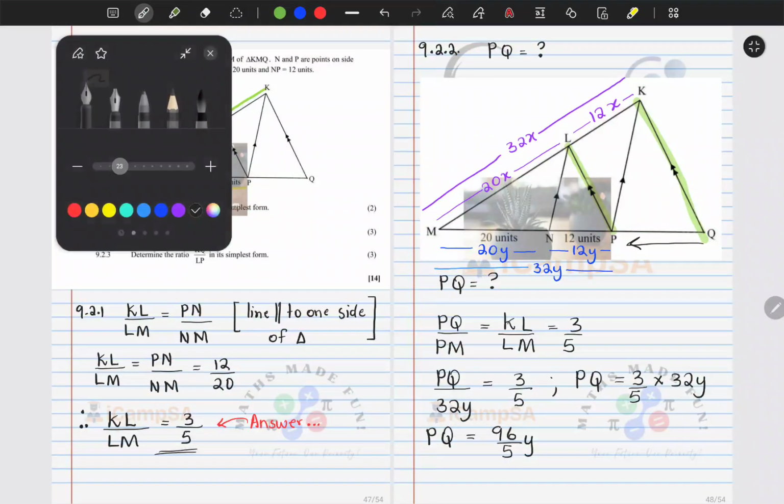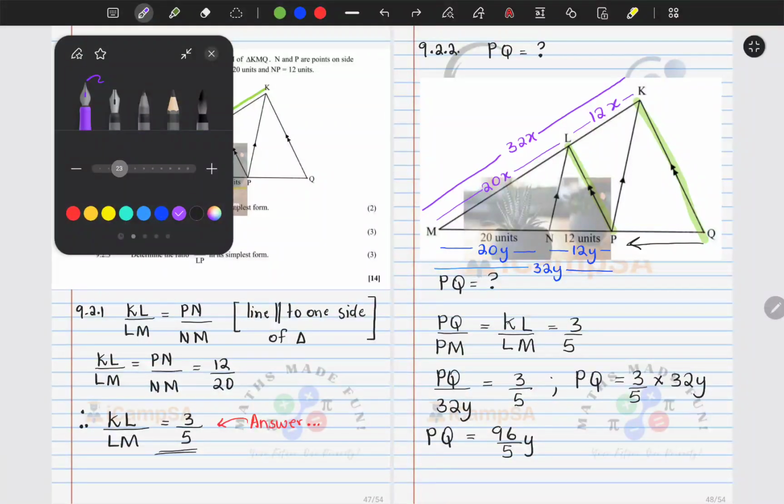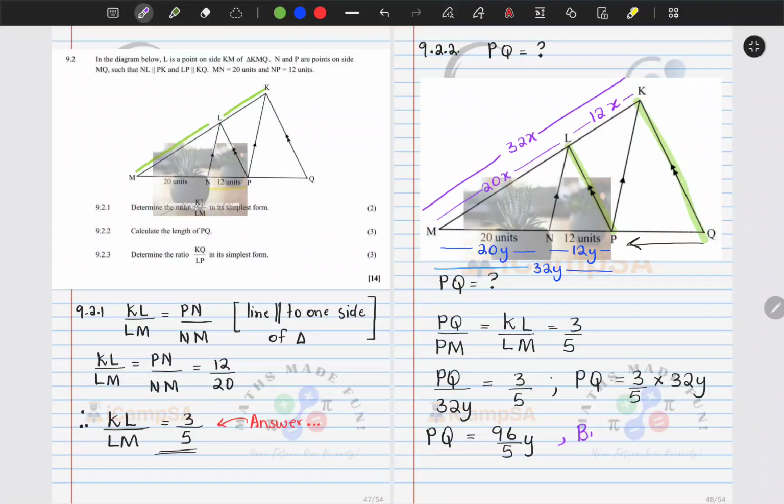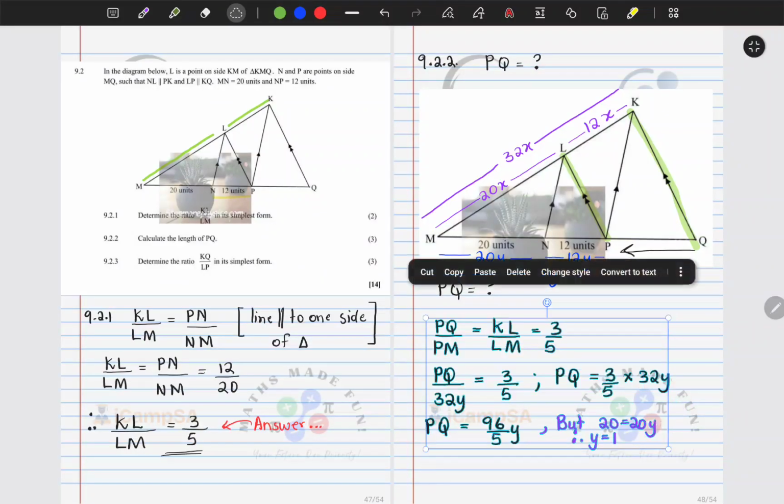Okay, but if you look at our y, according to the scale here, our y is 1. So if you just equate one of these, you will see that 20 equals 20y, which therefore means that y is 1. So if y is 1, then this becomes a very simple problem.